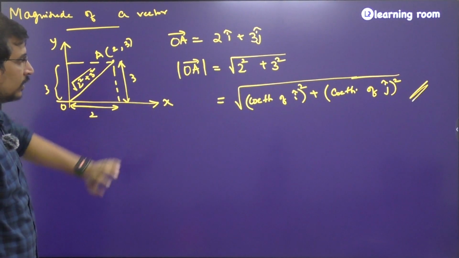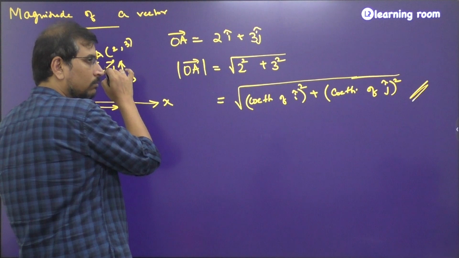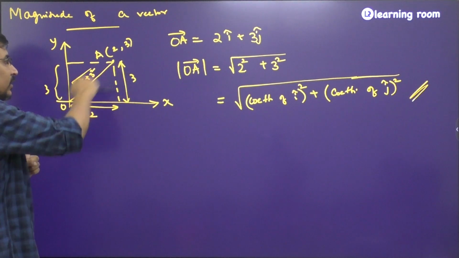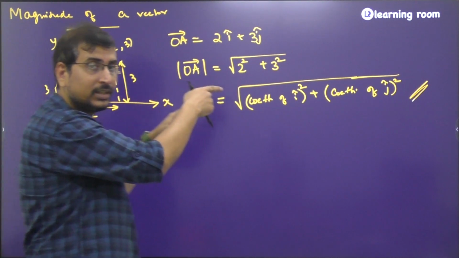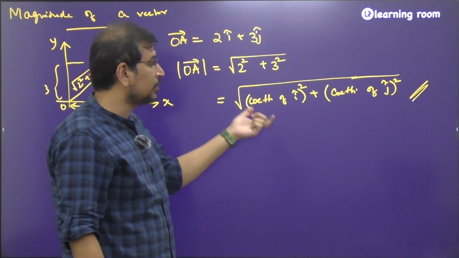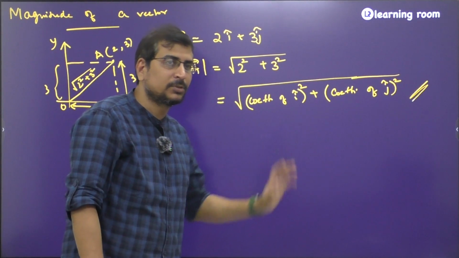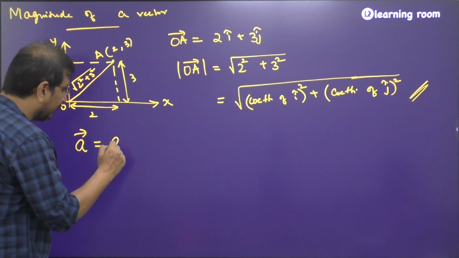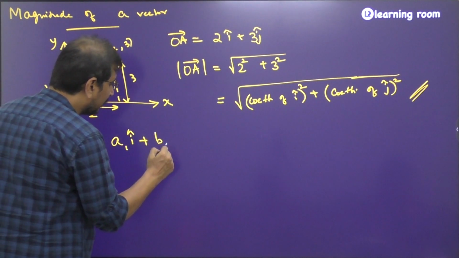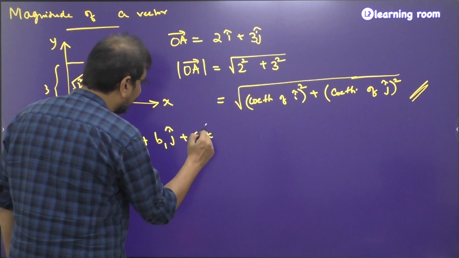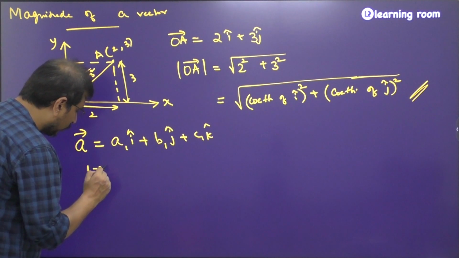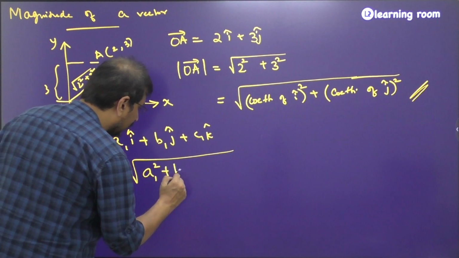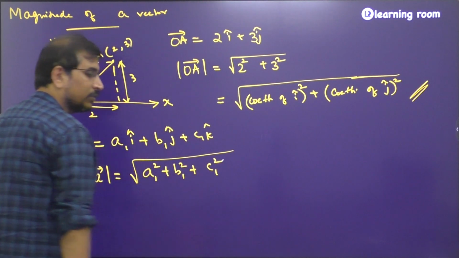I'm trying to combine coordinate geometry with the vectors part. So what does coordinate geometry tell us? The length is going to be root of 2 square plus 3 square. What is the vector part telling us? It is going to be square root of coefficient of I cap square plus coefficient of j cap square. Right. So if I have a vector like this, A vector is equal to A1 I cap plus B1 j cap plus C1 k cap, then magnitude of A vector is given as root of A1 square plus B1 square plus C1 square.